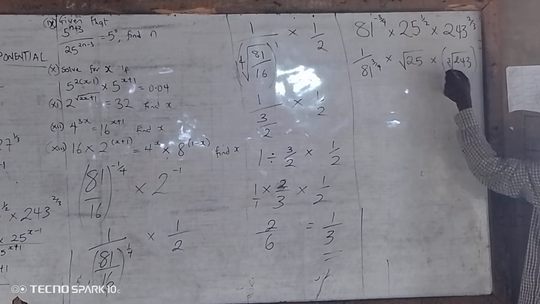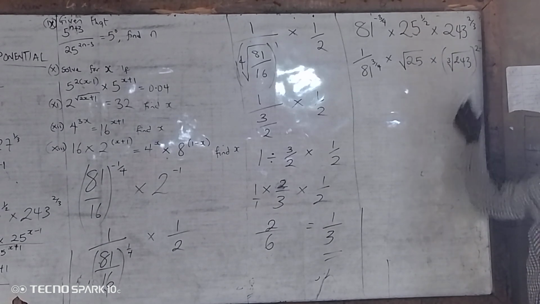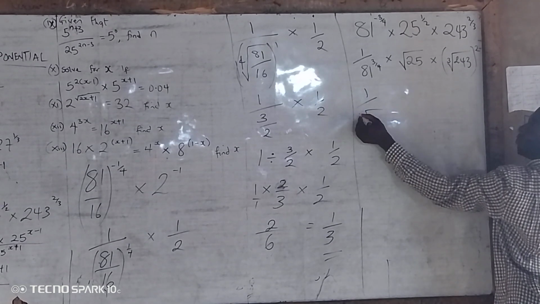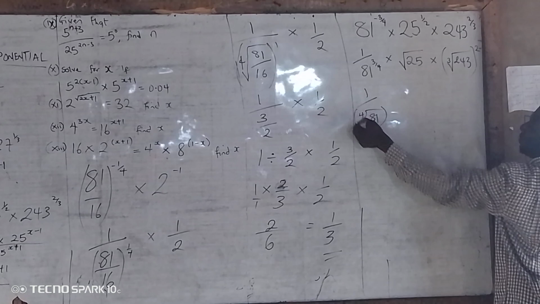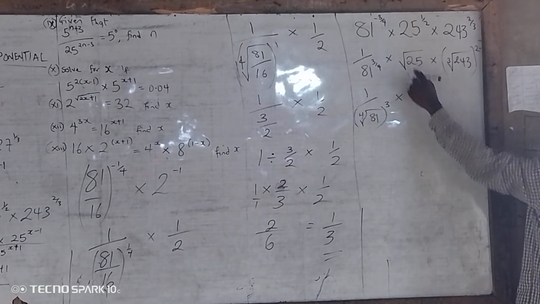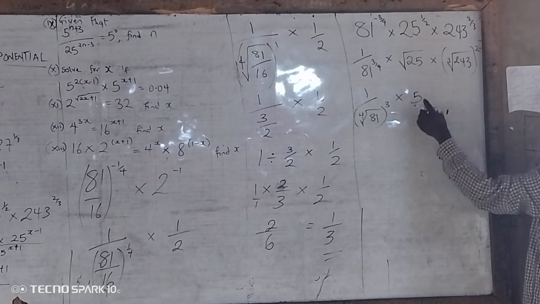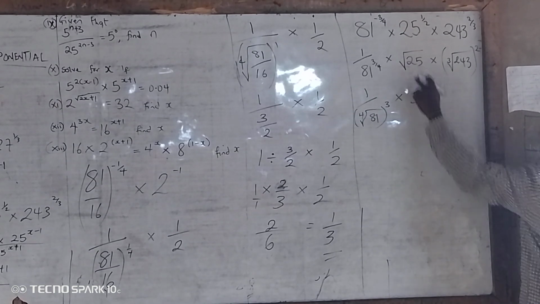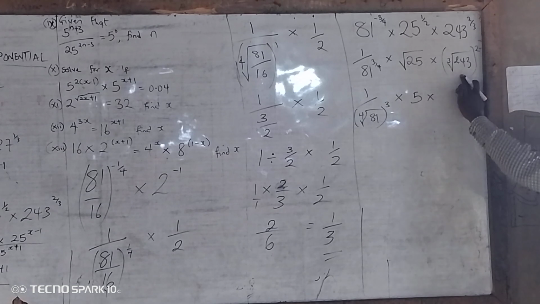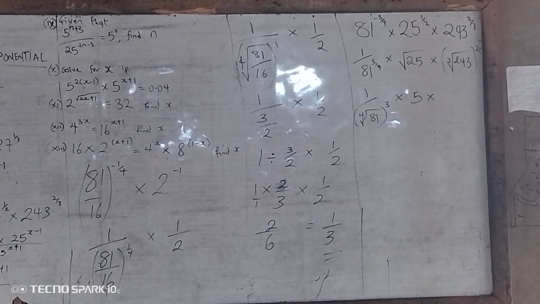Then raised to the power of the numerator, which is 2. So we do the same thing here. This will become 4th root of 81 to the power of 3, because that's the numerator, times the square root of 25, which means the number that you multiply by itself 2 times, and it will give you 25. The number is 5. Here it means the number you multiply by itself 3 times, and it will give you 243.